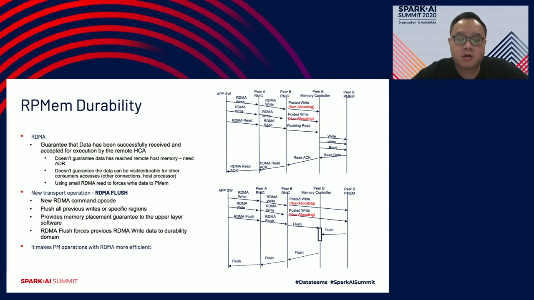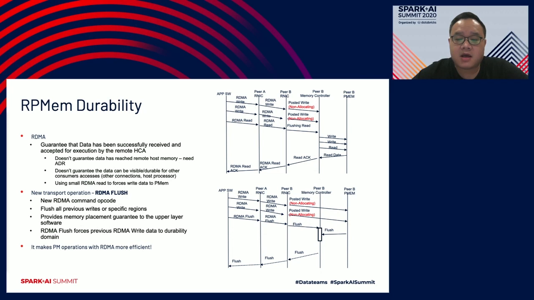So to make it durable, today's solution is based on software itself. Take a look at the upper right picture. When the application tries to write to a peer RDMA NIC, it will need a small RDMA read to force the write to the persistent memory. This makes the RDMA remote access not that efficient. But the industry is developing a new RDMA command opcode called RDMA flush.